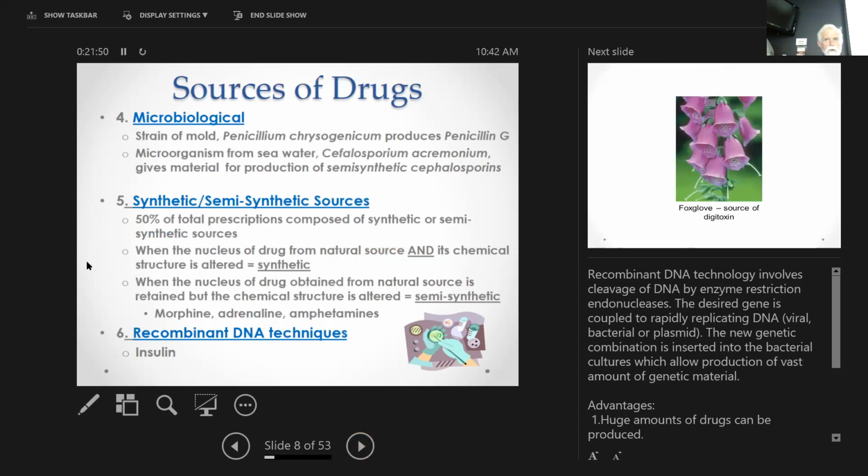And more recently, we've used advanced biochemical manufacturing. We call it recombinant DNA techniques. We use cellular sources. Originally, we used bacteria. Now, many of our drugs come out of human cells, such as insulin, which is now the drug Humulin, a brand name for a short-acting insulin form, produced in human-derived cells.